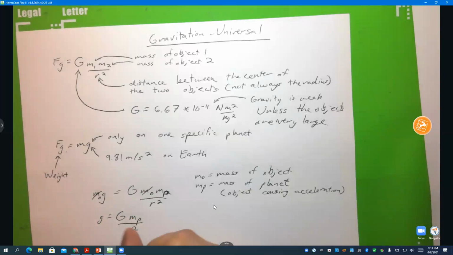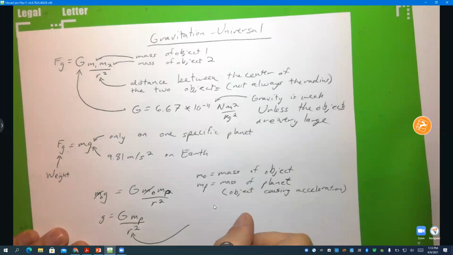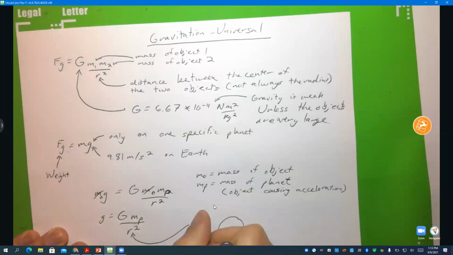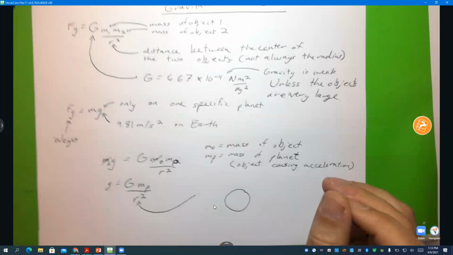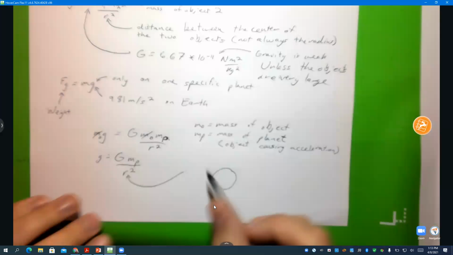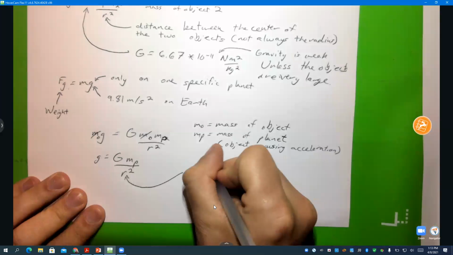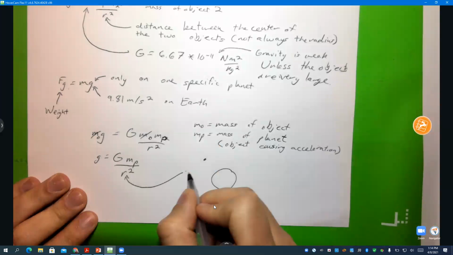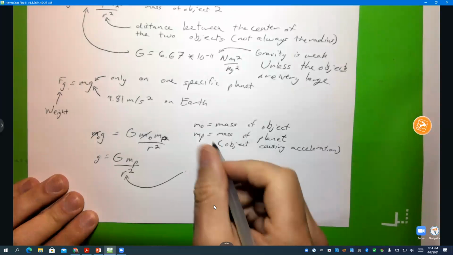And remember, if you knew this around a planet, say you were out here, or a satellite was out here. Maybe I'll move this down a little. You wanted to know what g is for this object here.